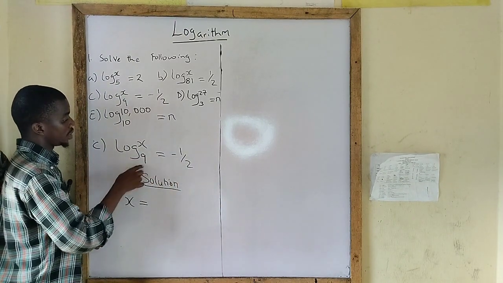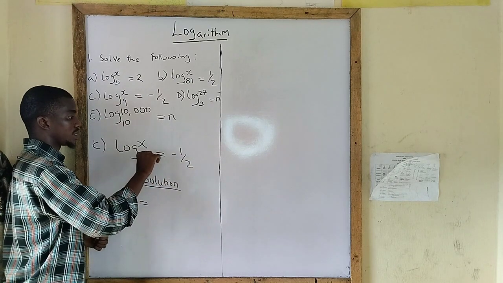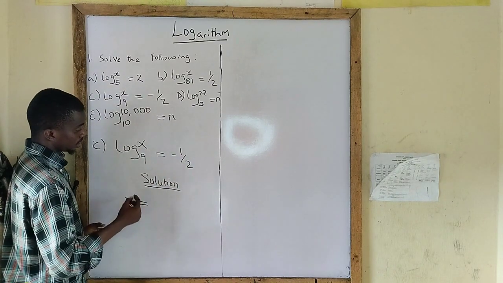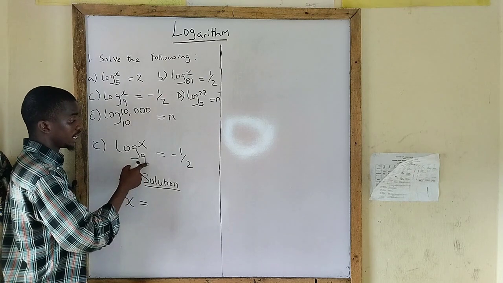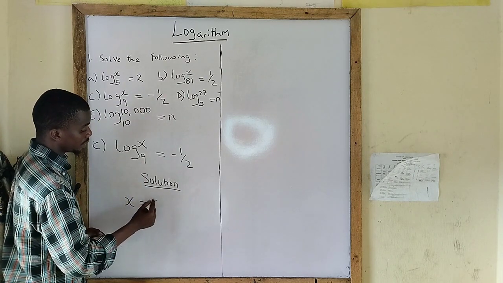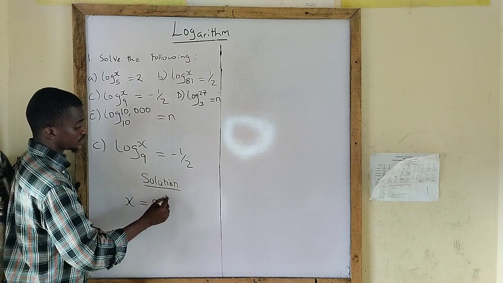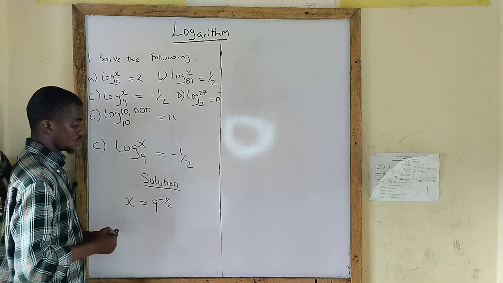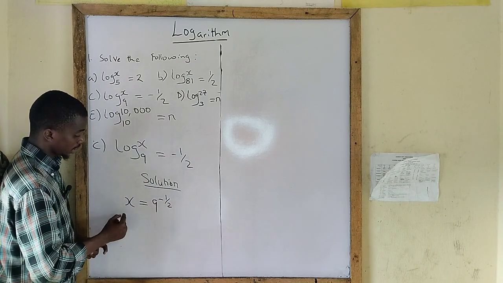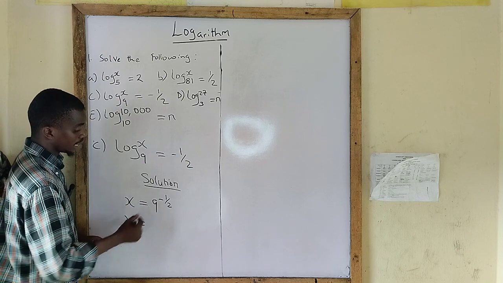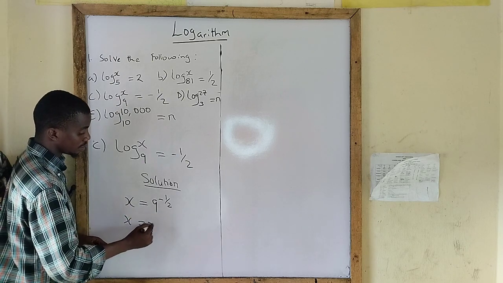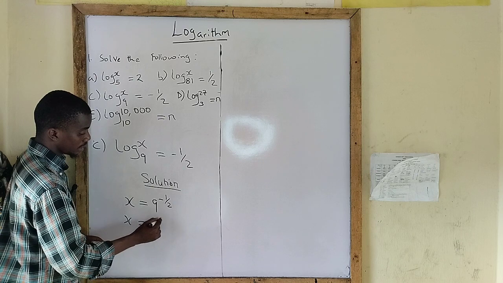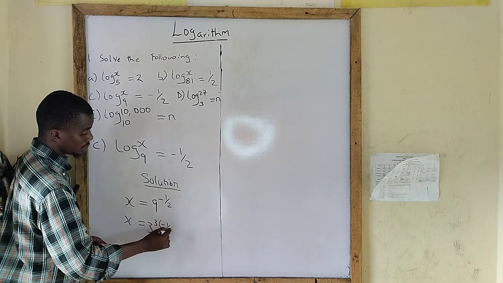This is the number to which we raise the base, so we have 9 raised to the power of minus 1 all over 2. If we write 9 in its index form, this is 3 raised to the power 2, minus 1 all over 2.